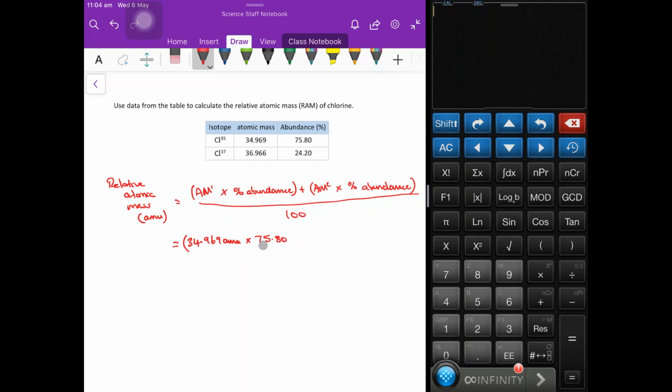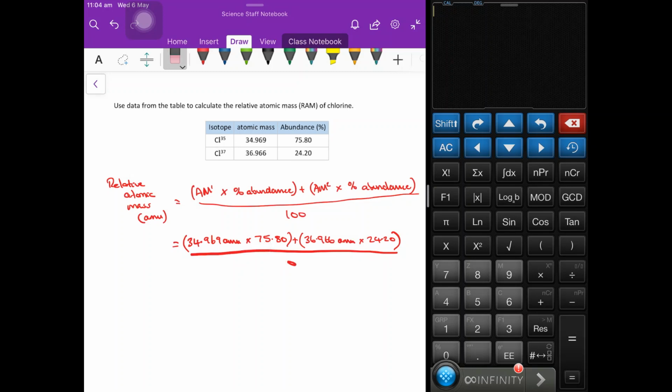So I'm going to have to put this percentage abundance in as an ordinary number, plus the atomic mass of isotope number 2, 36.966 AMU multiplied by 24.20. All that divided by 100.